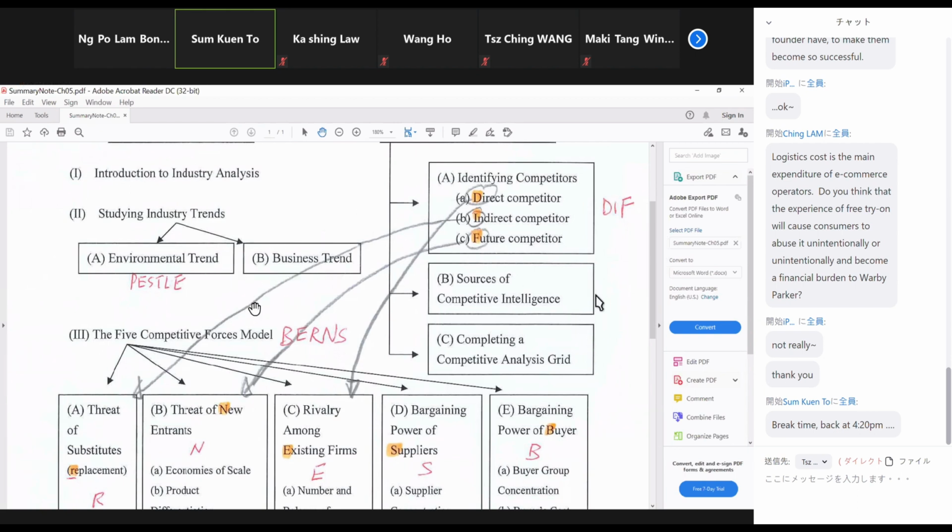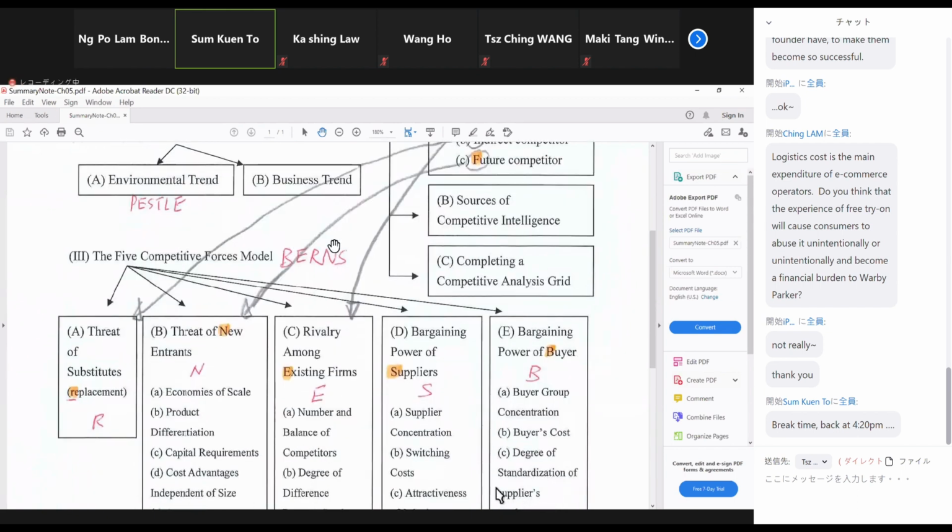And last week, we have covered BERNS. In BERNS, we are talking about new entrants of competitors, and then the second one, which is about the existing competition. And also the threats of substitutes. It means that you may have a lot of replacements, something that can replace your product. They might not be the same, but they can be replaced.